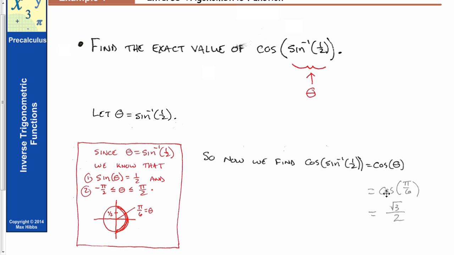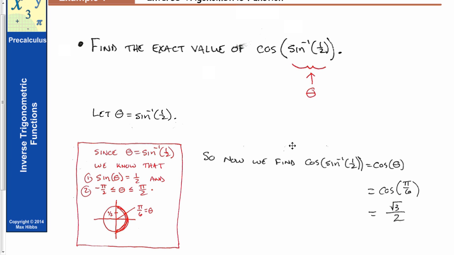And that means what we need to do is calculate the cosine of pi over 6, since we know theta is pi over 6. And of course, the cosine of pi over 6 is the square root of 3 over 2. So this was pretty straightforward, if you will, because we could actually calculate what theta is. Theta was pi over 6.